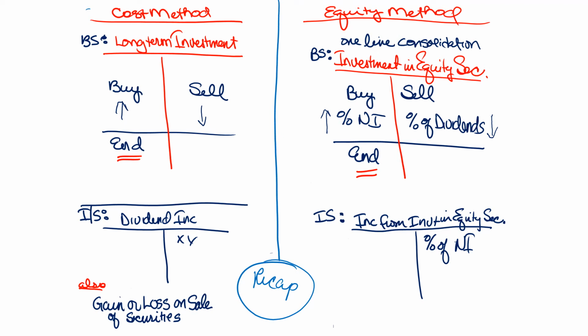It will also be decreased if I was to sell this investment. It's also one line on the income statement called income from investment in equity securities, where the percentage of the net income attributed to us is included as a revenue item or as a loss item due to our involvement.